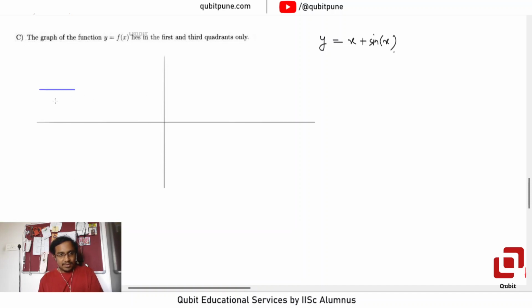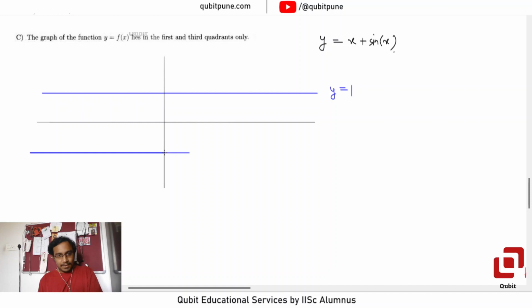This is y equal to 1, and this is y equal to negative 1. Suppose this is pi by 2, and this is negative pi by 2.